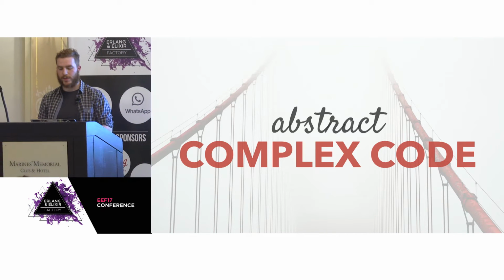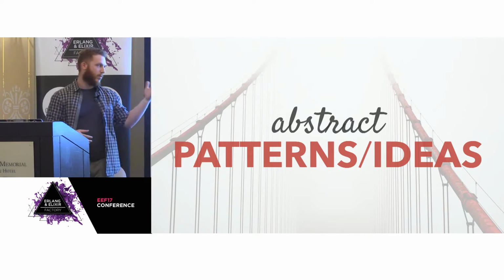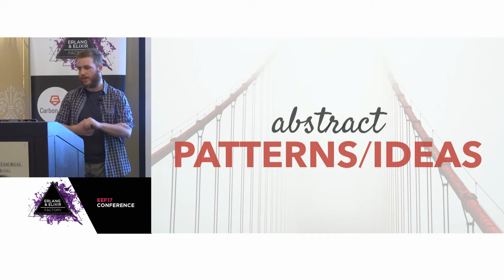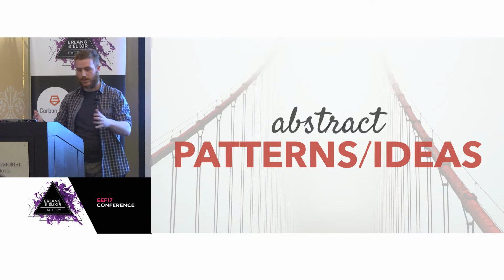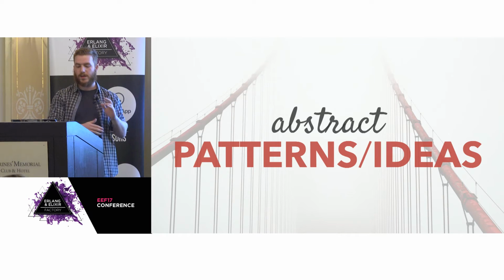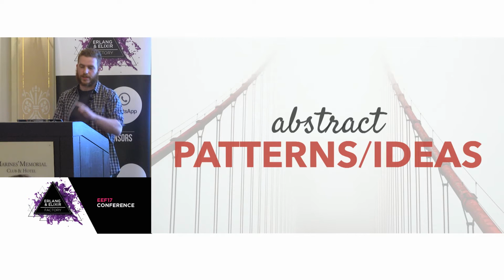And the other thing that we tend to abstract, I think, is patterns and ideas. When we abstract patterns and ideas, we abstract things that give you tools to shape solutions for problems, instead of just drilling down and abstracting complex code.